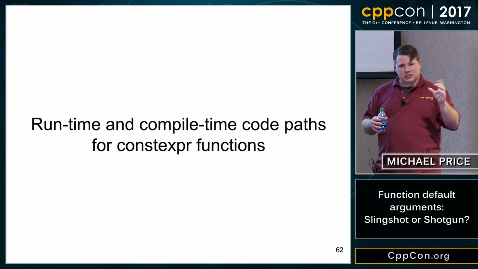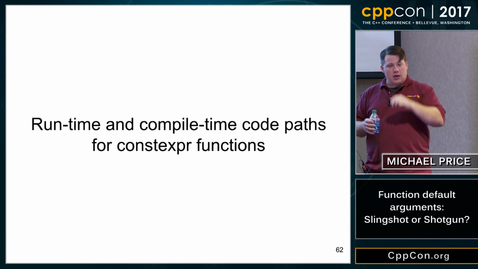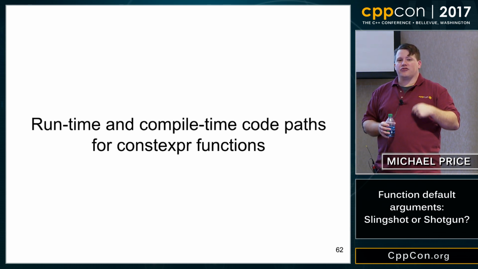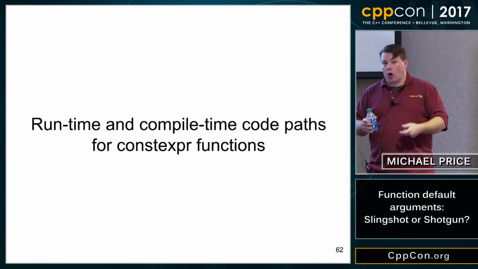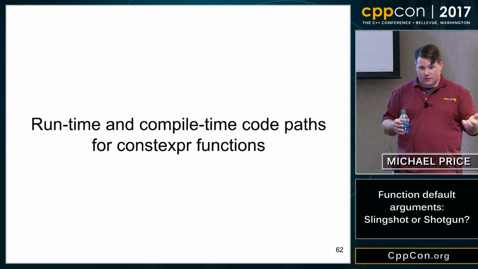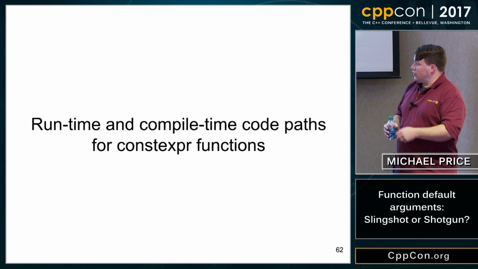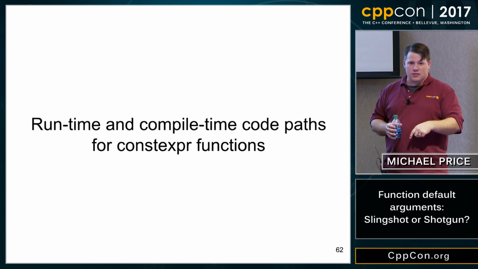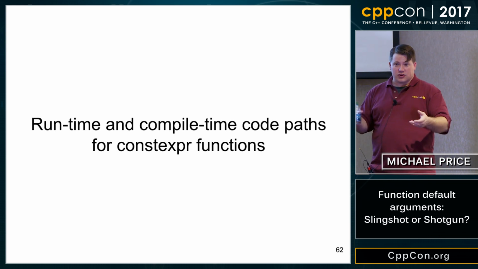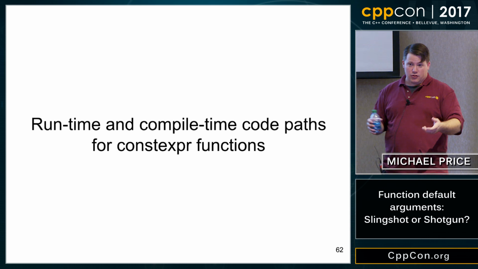But there were restrictions on the things that you could put in there. And that led to a lot of recursive functions, right? That was the only way to do it in C++11 for constexpr functions. But if that function got called at runtime, it may not be the ideal implementation. It may be costly to have all that recursion.